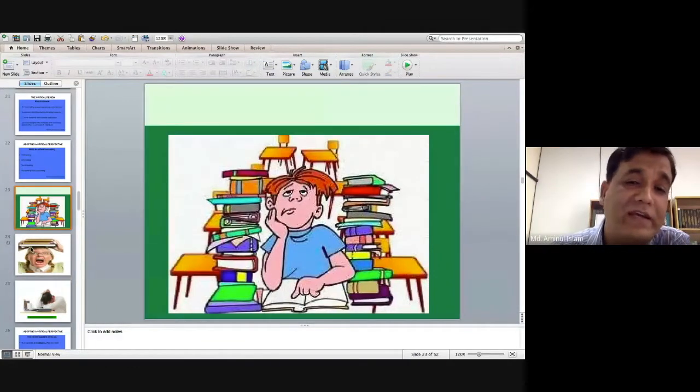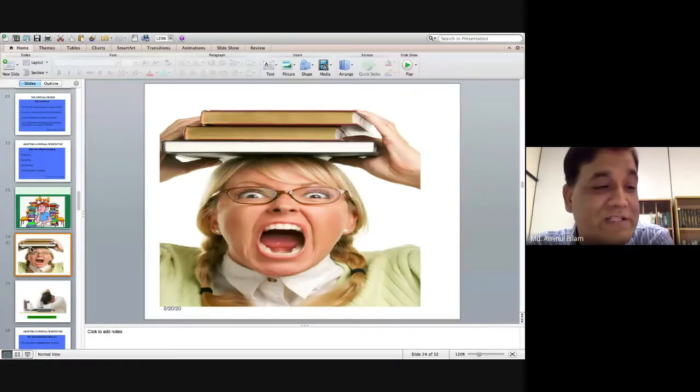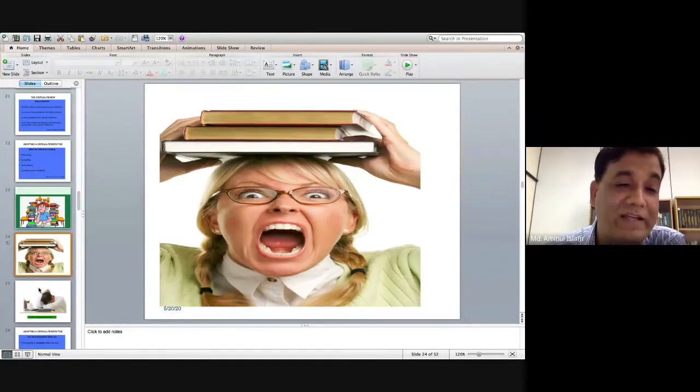Or it could be like this. You will be bombarded with so many papers, you do not know how to carry them. Okay, so this is also very common. Those of us who do research, this is very common with us, that we have all that situation.